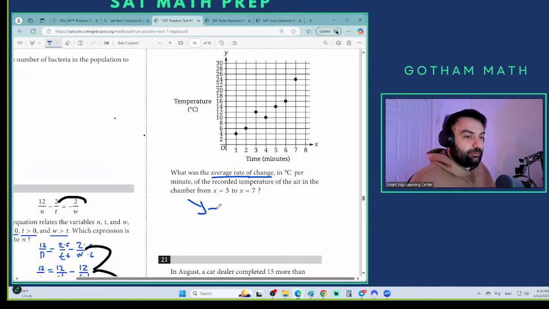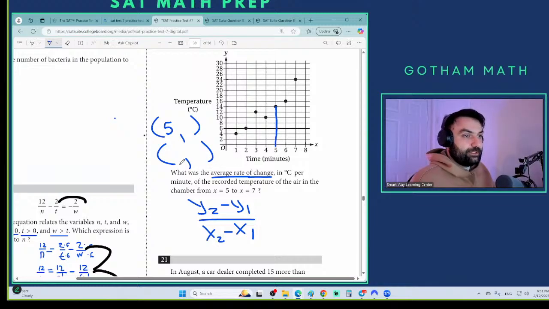Well, if you know the average rate of change formula, which is the slope formula, that's all you need. You just need 2 points, but you almost have them. It's 5 and 14, and 7 and 24.